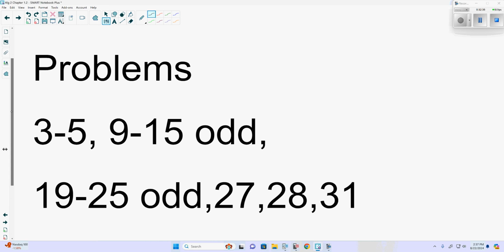That's it. So the only ones that are odd are 9 through 15 and 19 through 25. We're still doing 3, 4, 5. Does that make sense? The only ones that are odd or even will be the ones specifically in front of odd or even. The rest are all. But that is all we're doing today.